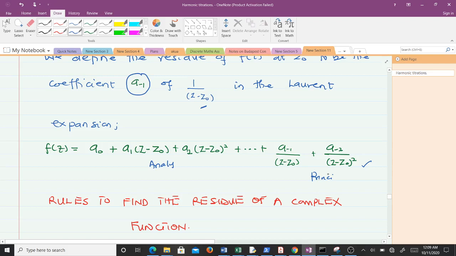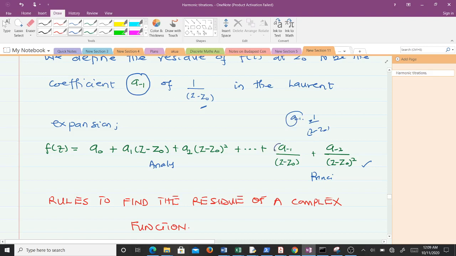So the analytic part has positive powers and the principal part has negative powers. You can see that when it comes here, we have a minus 1 times 1 over z minus z naught. So this happens to be the coefficient of that.